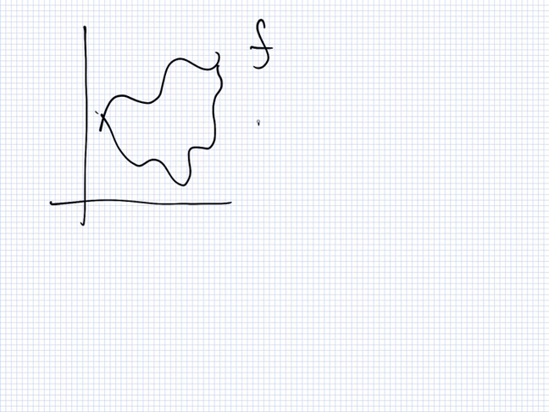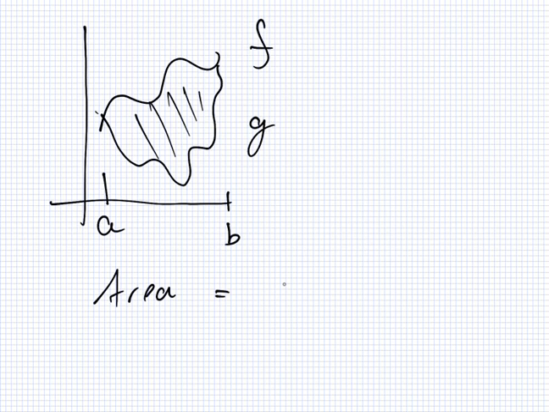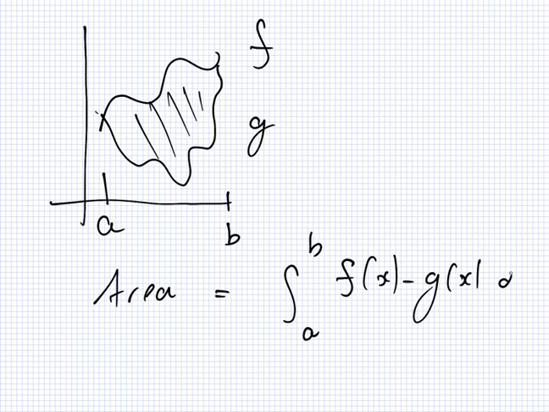Let's call the curve on the top f, and the curve on the bottom g. If you want the area between them, let's say here is a and here is b, it's the same, a to b, except what you put in for the integration is f(x) minus g(x).